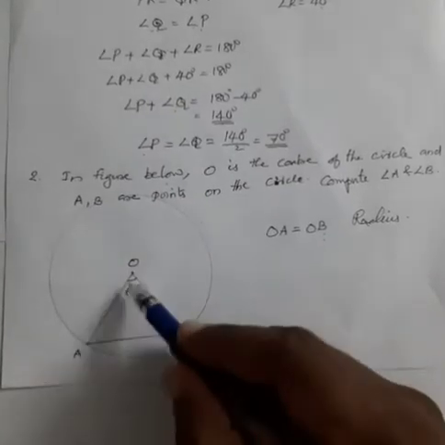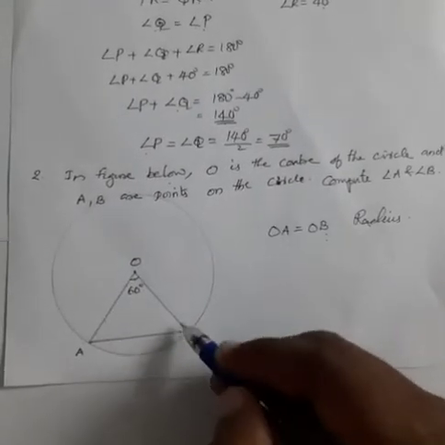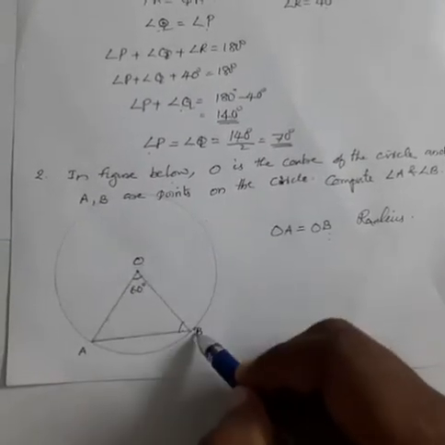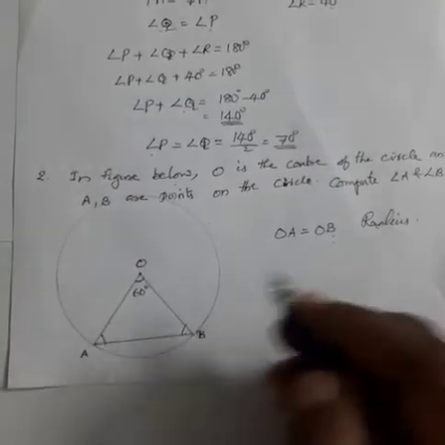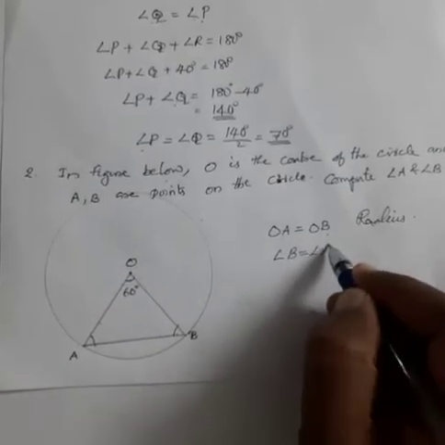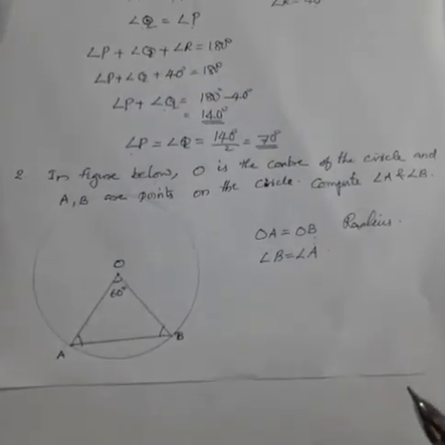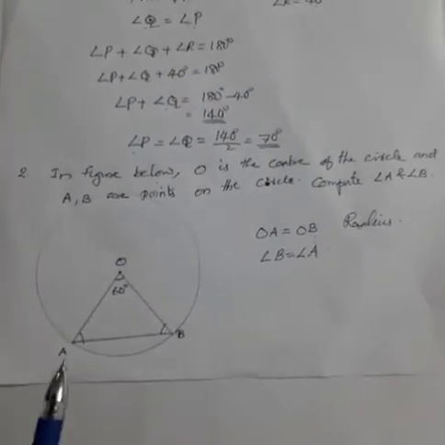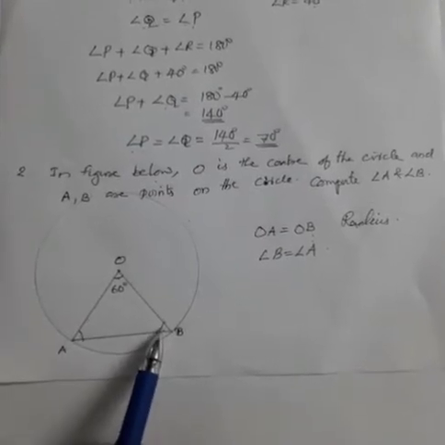So OA is equal to OB; opposite of OA is angle B, opposite of OB is angle A. So angle B is equal to angle A. It means these two angles are equal.